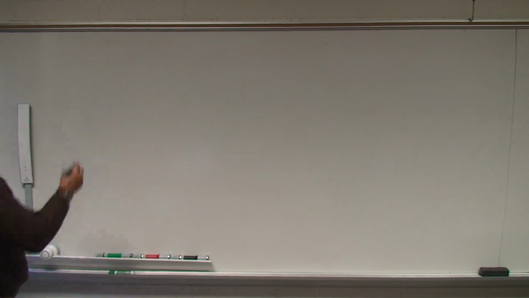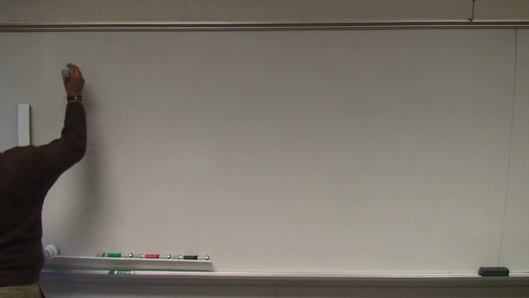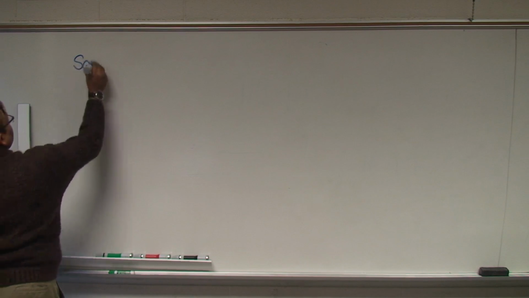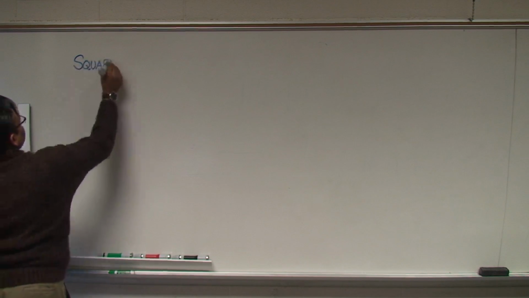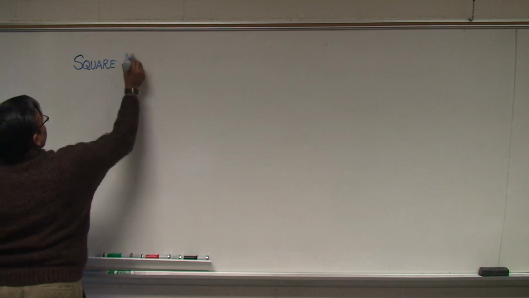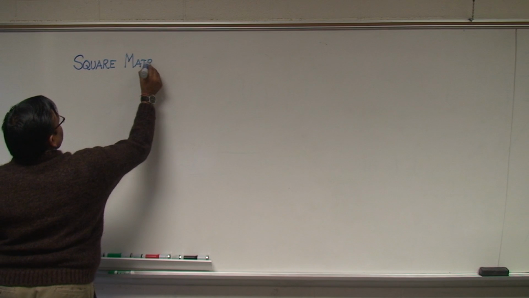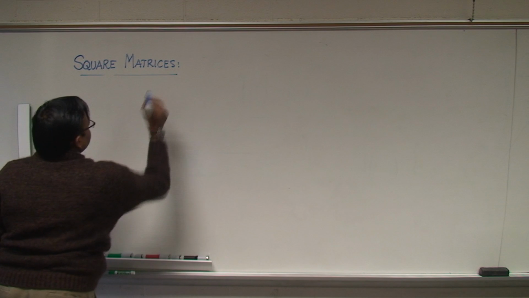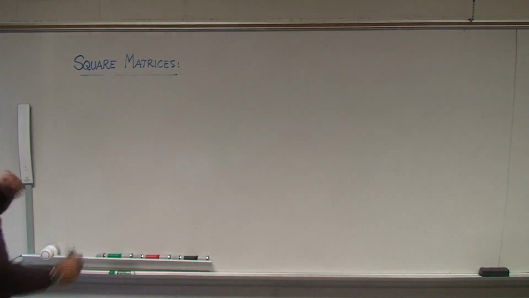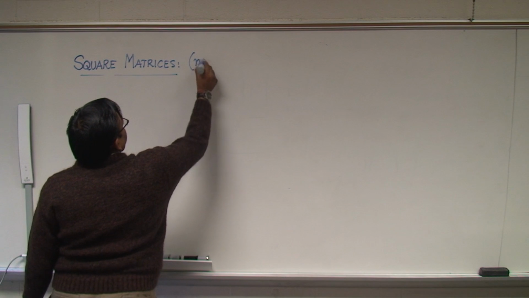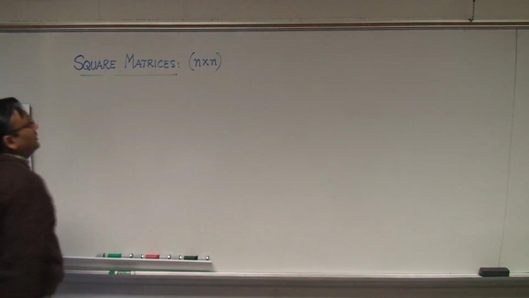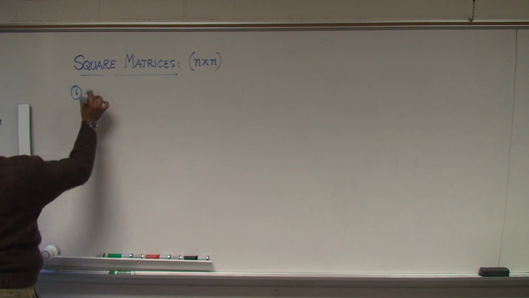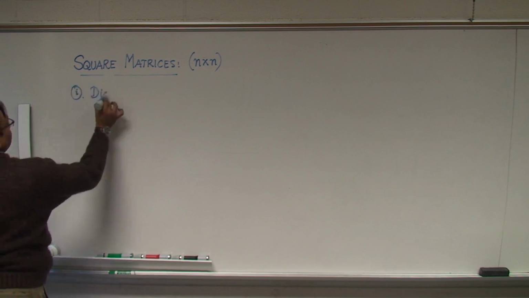All the definitions that I'm going to discuss now are for square matrices. So all these special matrices are square matrices. We can think of them as n by n matrices.